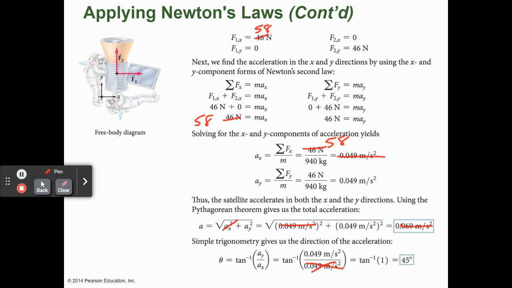So when you take 58 and divide by 940, that's where they get the 0.0617 from, in meters per second squared. So that means this is going to be 0.0617.